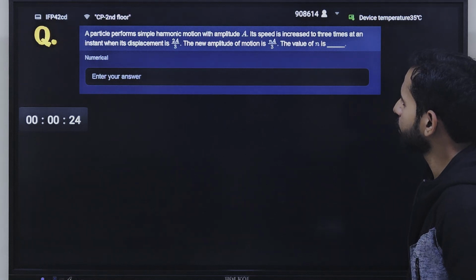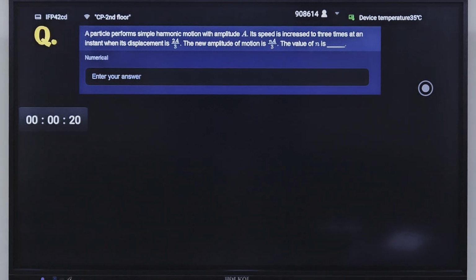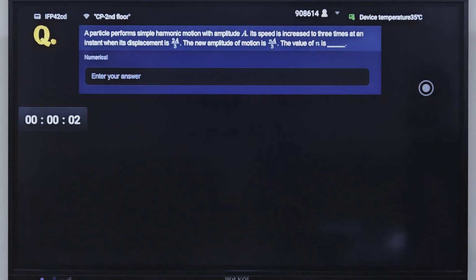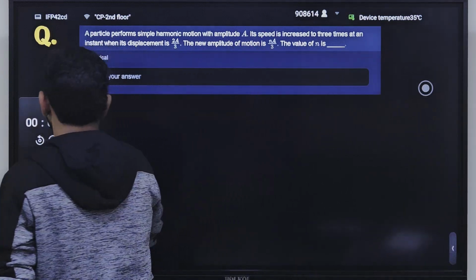The new amplitude of the motion is. Solve this question. Let's see how to proceed with this question.